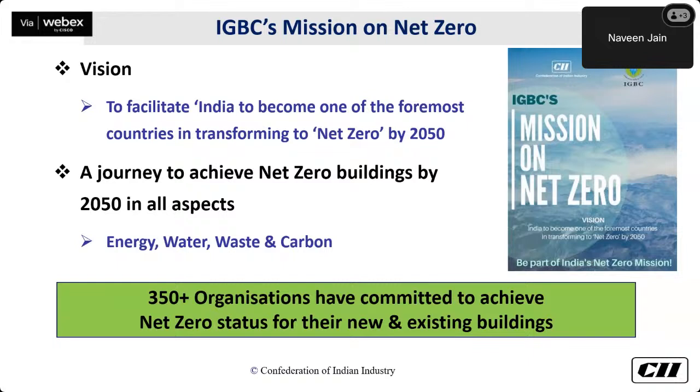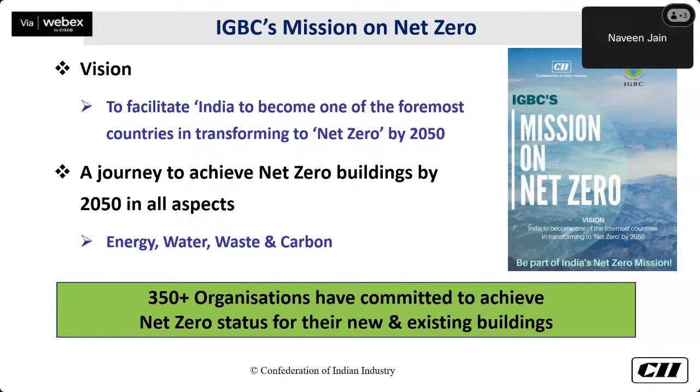Because up to 40% of the energy consumption is in the building sector, and 30 to 40% of GHG emissions come from the building sector. So if the building sector is addressed, then addressing other areas will be easy, and that can basically help to achieve the net zero targets by 2070.